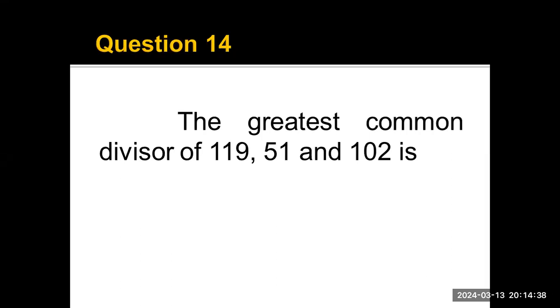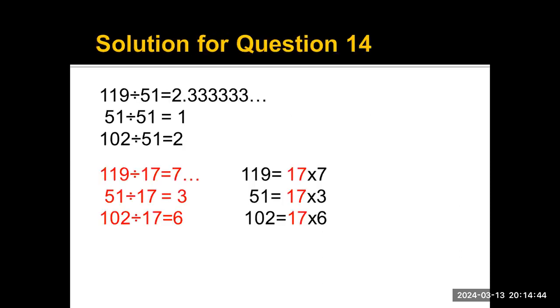Question number 14. The greatest common divisor of 119, 51, and 102 is actually 17. If you try prime factorization of these numbers, you will see that the number 17 is the highest, most common factor. So you have the answer 17.